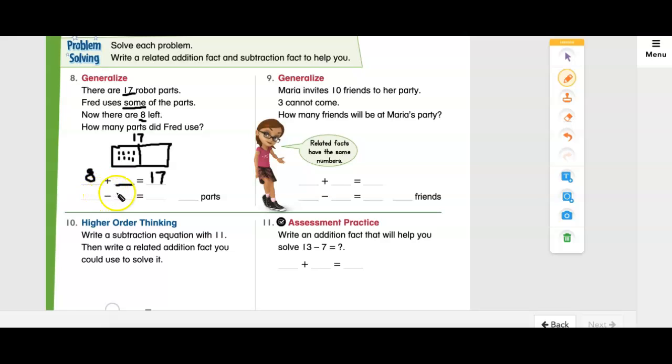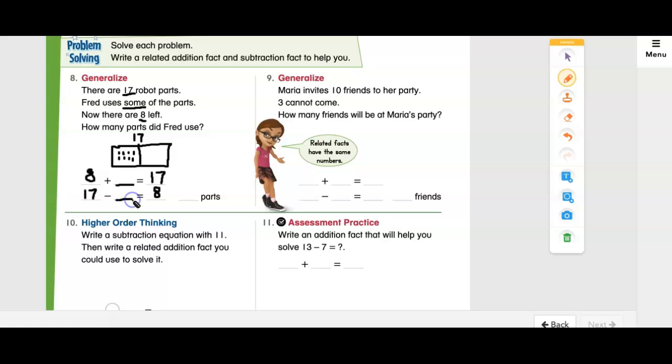So for our subtraction equation, if we know 17 is our whole, that means 17 will go at the beginning since we are subtracting from our whole. And we know that there are 8 parts left after some parts are taken away.